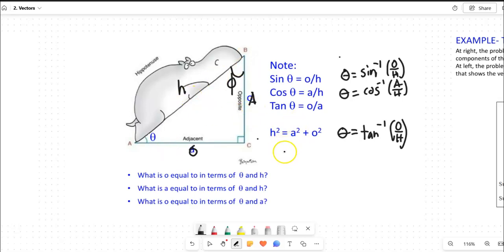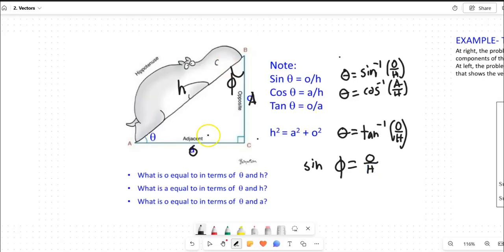So in this case, the sine of phi is going to be equal to, again, AC over AB. Sine is always opposite over hypotenuse.